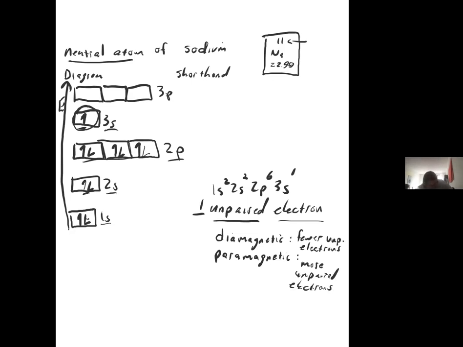So for example, suppose I said this. Which one of these two is paramagnetic? Which one is diamagnetic? Paramagnetic has more unpaired, so this right here would be paramagnetic. Diamagnetic means fewer unpaired electrons. This one only has one unpaired electron, so this would be diamagnetic.